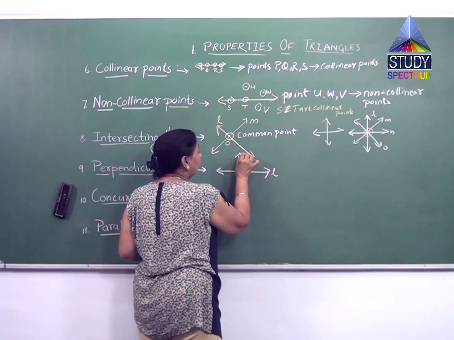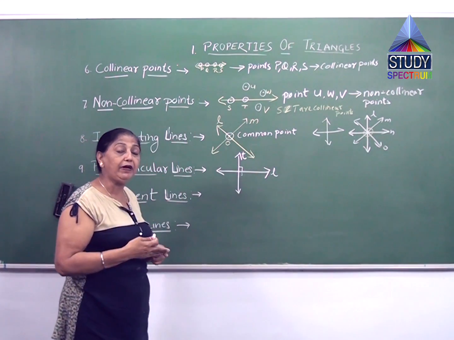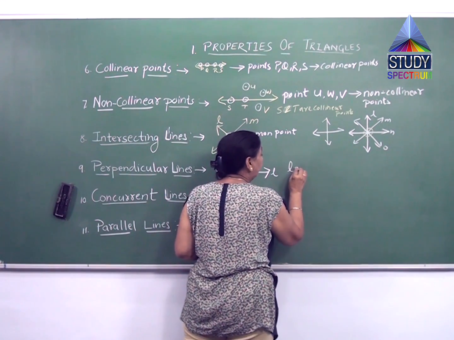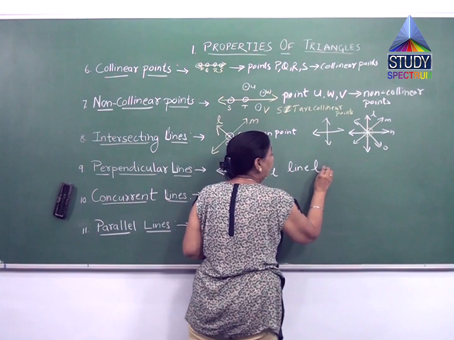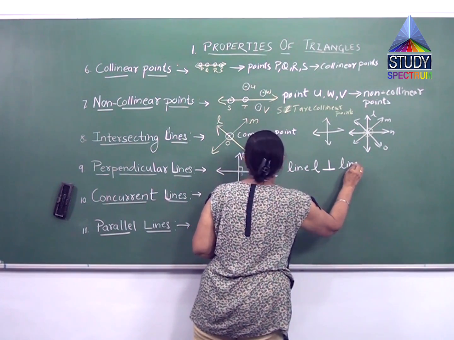Now I can say LT, right? For perpendicular lines we use a symbol like this, and I can write that line L is perpendicular to line T.